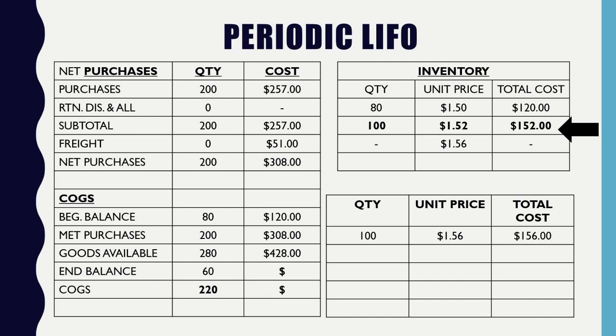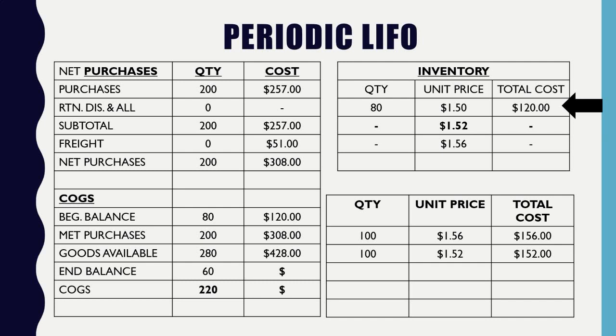So our next batch we're going to take out from is for that 200 items at $1.54, which, since I'm taking all of it, I'm going to eliminate all of it. So now a total of 200. Now I have 20 more items left to sell.